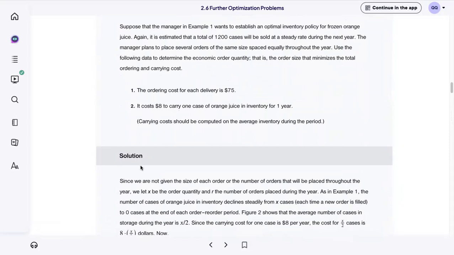Suppose that the manager in example 1 wants to establish the optimal inventory. The key word is optimal: maximize the profit, minimize the cost. That's the hint that it involves derivatives. For the product, again, it's estimated that a total of 1,200 cases will be sold at a steady rate during the next year. The manager plans to place several orders of the same size spaced equally throughout the year.